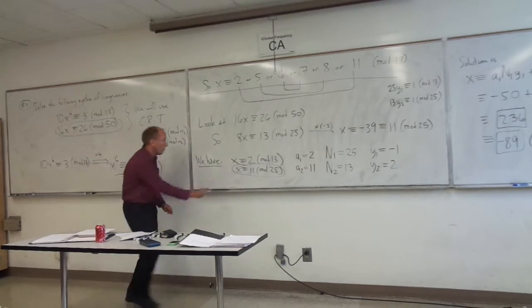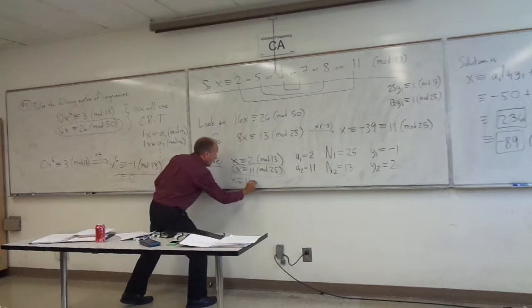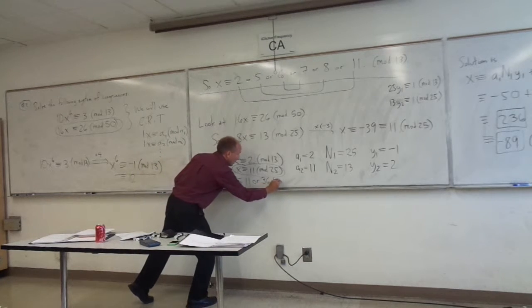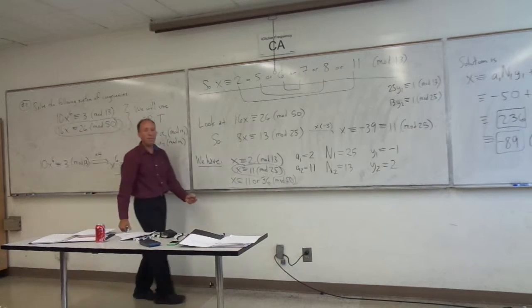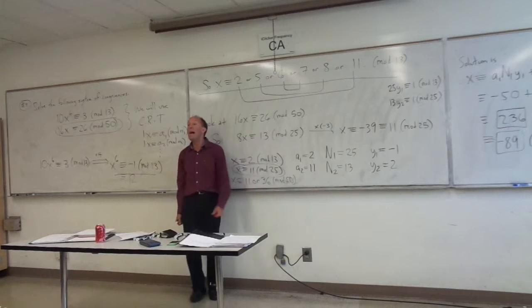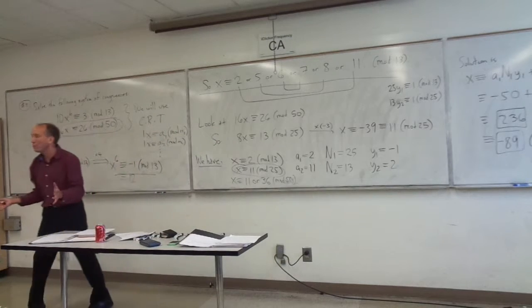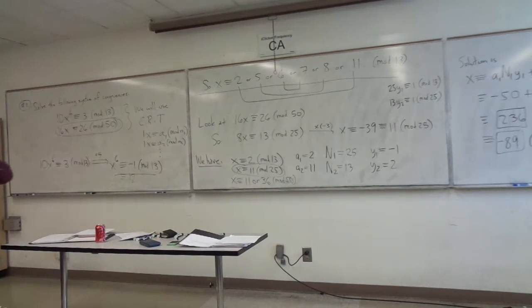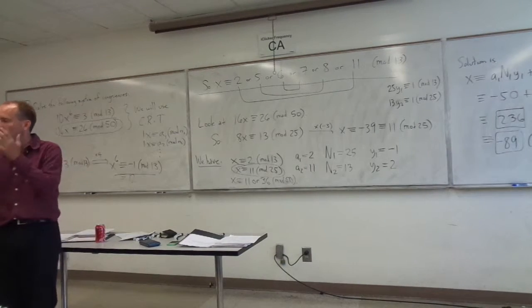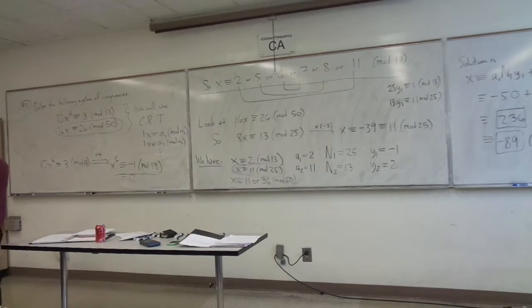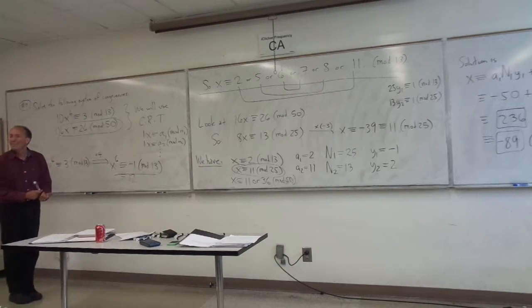But in order to do that, I would have had to give you 2 options here. I'd have to say, in mod 50, x is either this or this. So now you're giving me double as many options, but you're making the mod bigger. But why do that? It's just easier to shrink the mod down. Does that make sense to everybody?